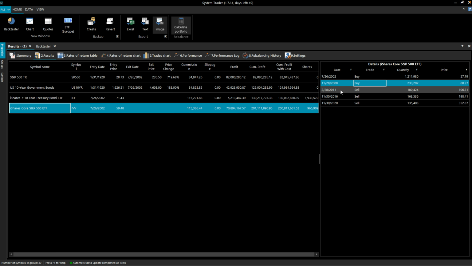On the other hand, in 2011, 16 and 20, we had to do rebalancing in the opposite way. We had to sell stocks because they were in the uptrend and they were weighting more than 60% in the portfolio, and we had to buy with that cash extra bonds to again have the 60-40 ratio in the portfolio.